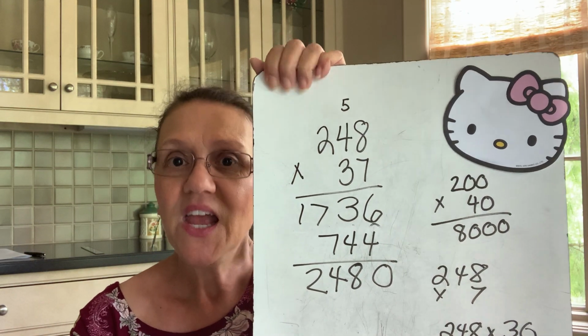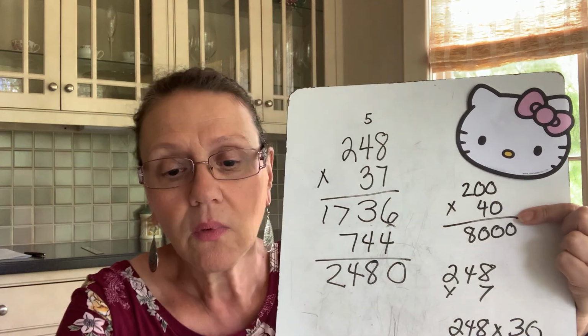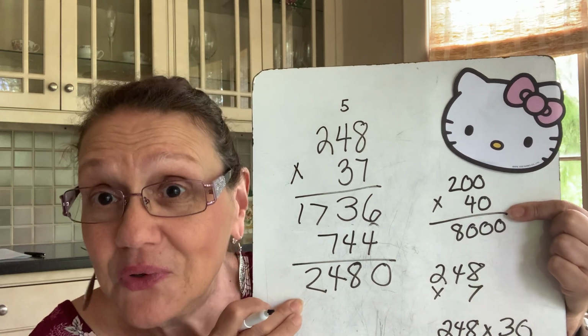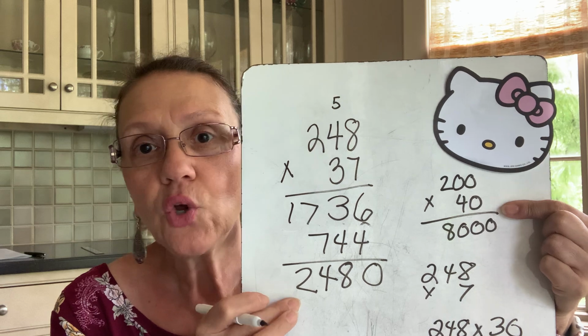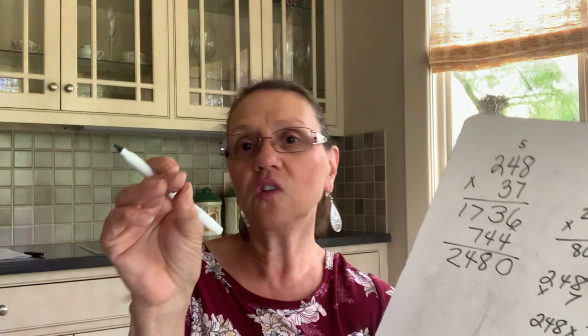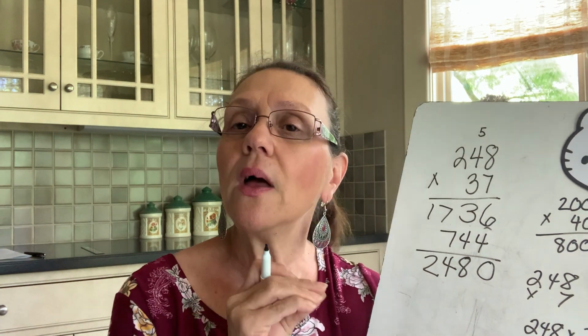Now, if we've done our ballpark estimate, what the what? That's not even close. Now, if this happens to you and your product is not even in the ballpark of your estimate, first thing to check, did I put my 0? And that will help you so much if you tend to forget the 0 placeholder. The ballpark estimate is your friend.